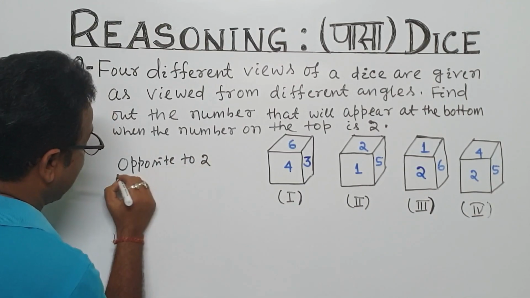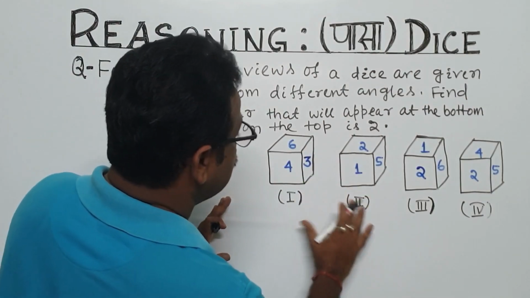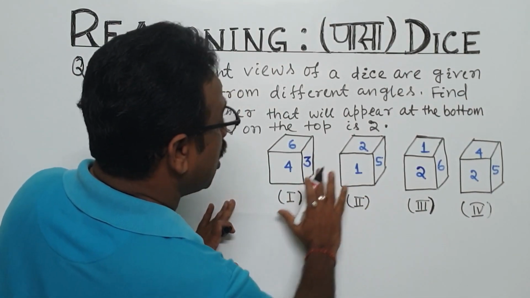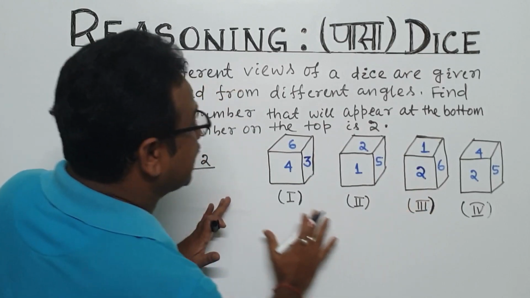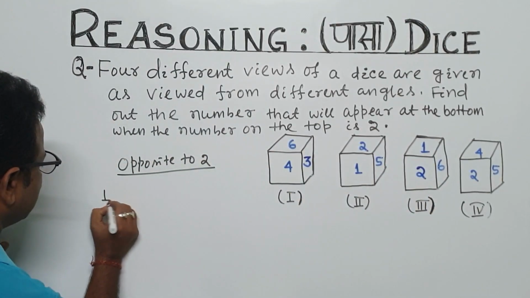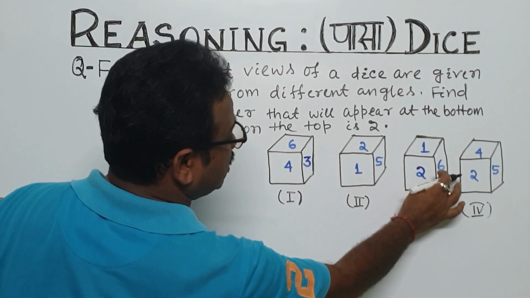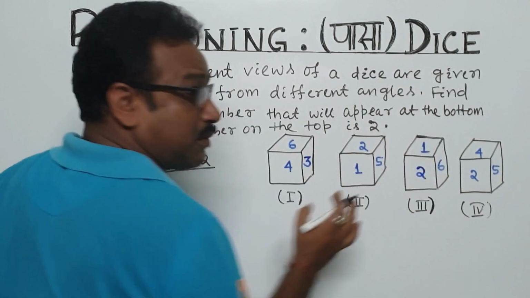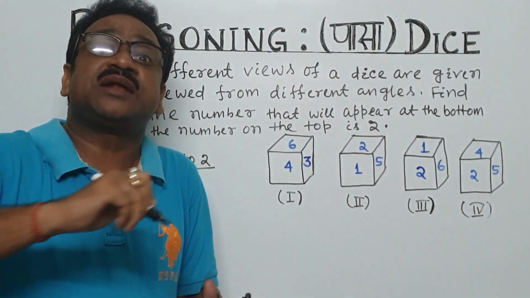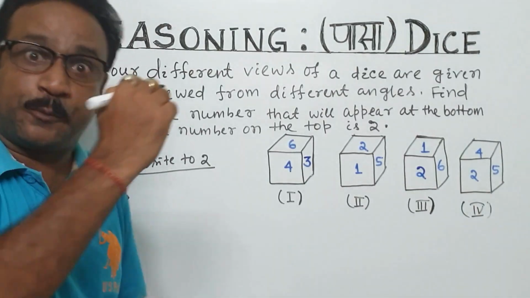You have to find out how. So see where 2 is there, or any common number is there. So let's see in figure 1, 6. Figure 3 also has 6. We got one common. Then by clockwise movement we can get the numbers to get the opposite faces.